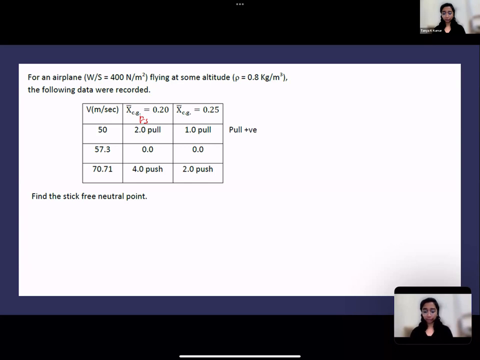Then they've asked you to find out the stick-free neutral point. How do you go about doing this? Let's just discuss the 4 conditions first. Neutral point is the CG location where, what is the condition for neutral point?